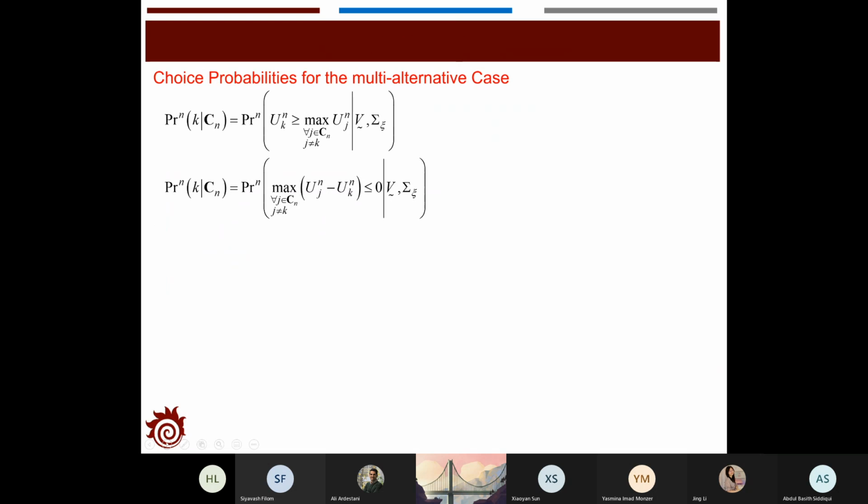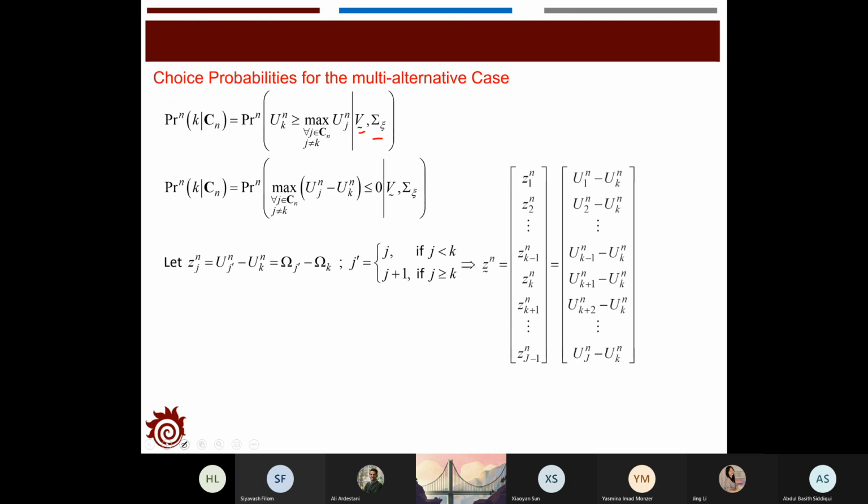And once you have the distributions, you find out the covariance, you find out the mean values, you will be able to do the calculation to find out the probability of choosing any alternatives.